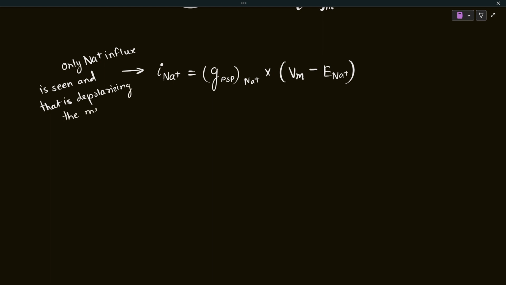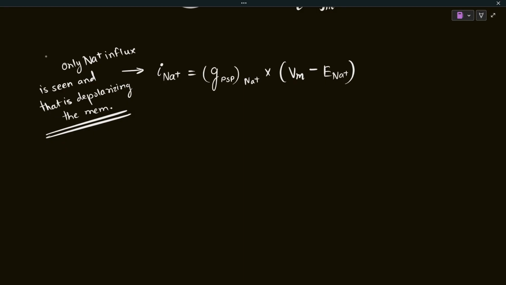But I was discussing action potential generation, and I told you that in the depolarization of the membrane, alongside the sodium influx, there is potassium efflux as well. Now I'm going to tell you how that was derived, that was proved experimentally.